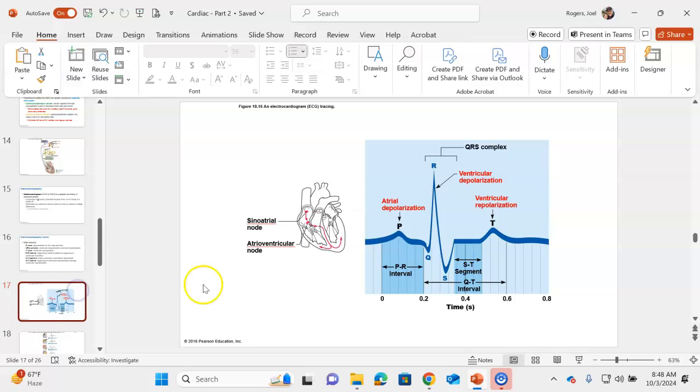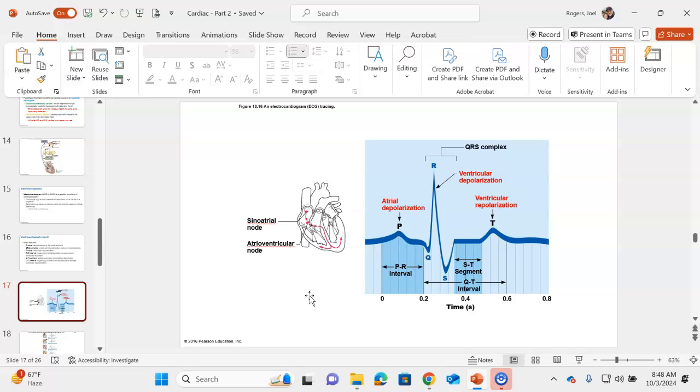Okay? Now, the reason we want to address this is because a doctor will need to do one of these. Typically, if a patient goes into a doctor's office or an ER complaining of chest pain, this will be one of the first things that a smart doctor will actually order. Because again, we need to find out what's going on with the electrical activity in a person's heart.